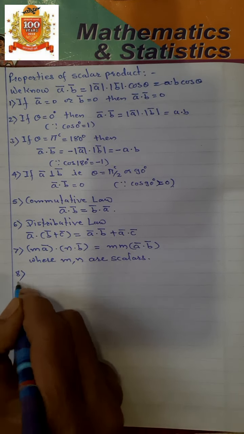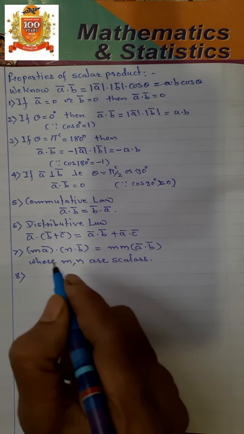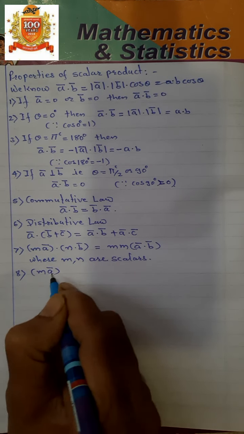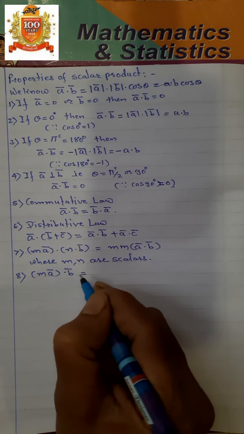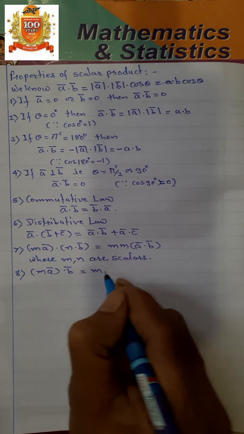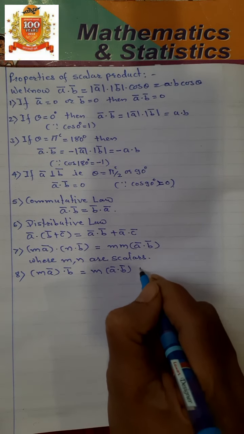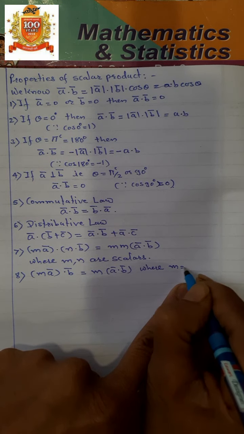Now next, eighth property is m into a bar dot b bar is equal to m a bar dot b bar, where m is a scalar.